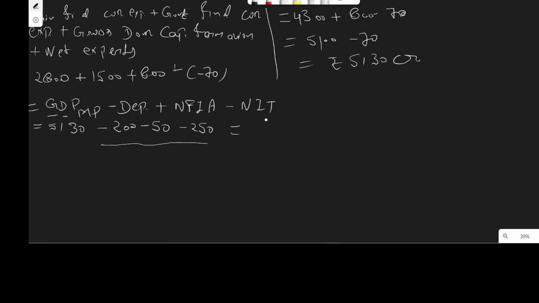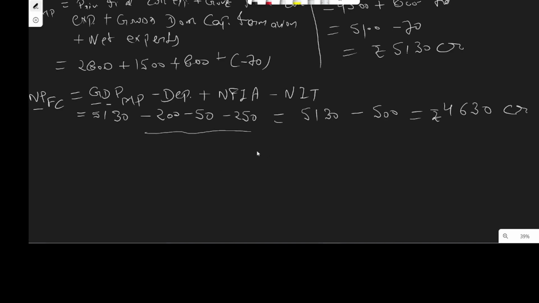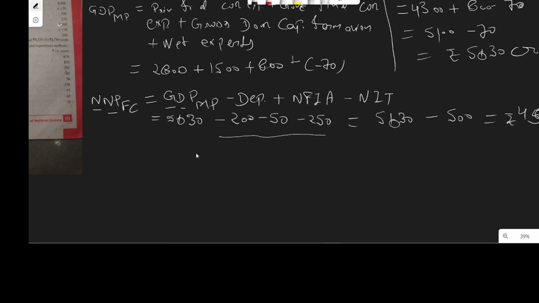These three will get added because they are of the same sign. So 200, 50 and 250, that is 500. 5030 minus 500 is 4530 crore rupees. So we have calculated NNP FC or national income.